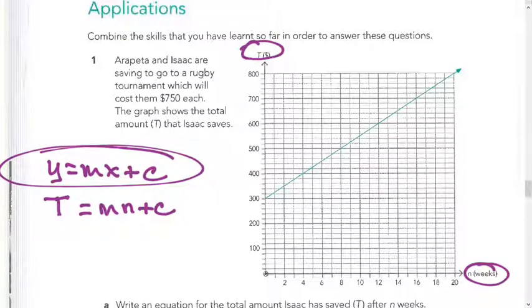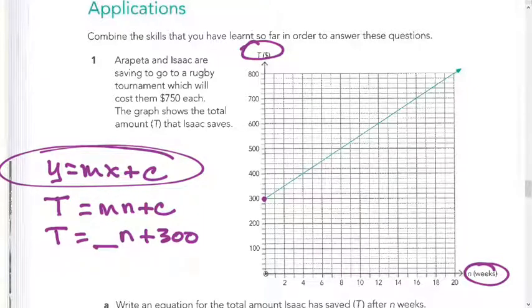It's still the same ideas, right? So what we're going to do is first I have to find the slope and the c. Well, the c is easy to find in this case. Where's the c? 300. So we could go ahead and just put that in if you want to. T is not going to change and n's going to stay. All I need now is the slope.